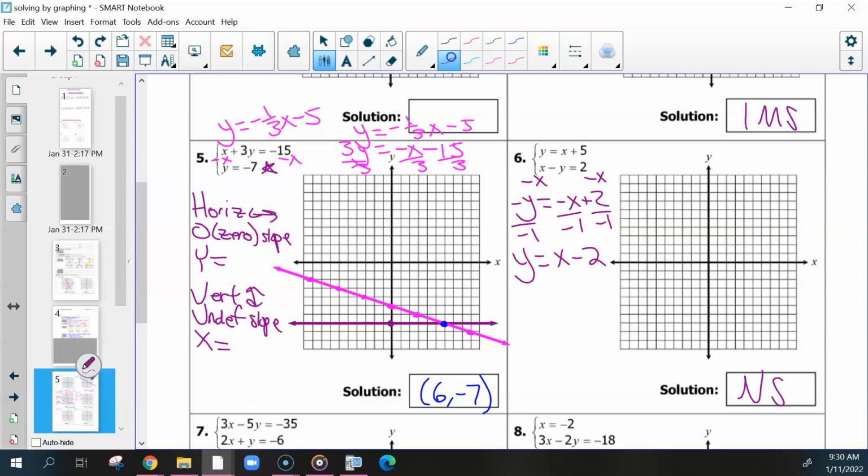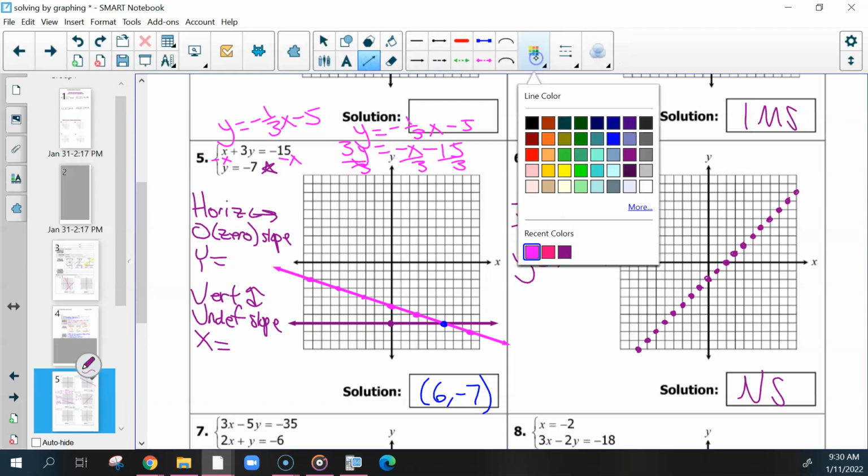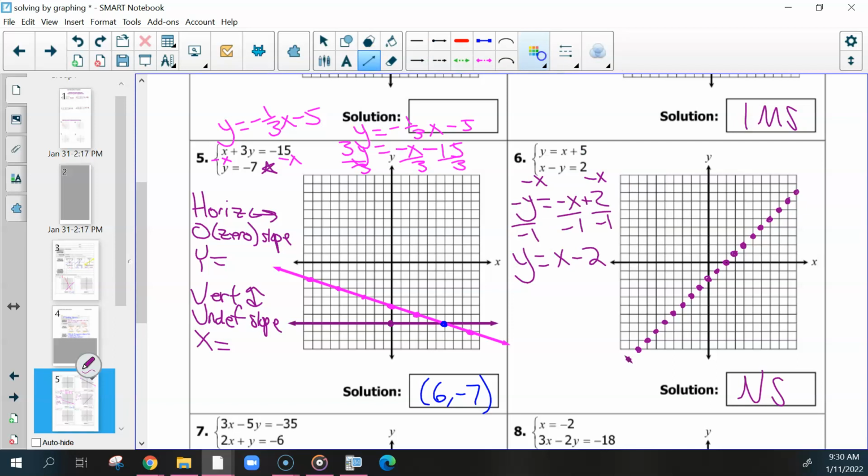So this would be at -2, slope of +1. And then the other one would have a y-intercept at -5 with the same slope.